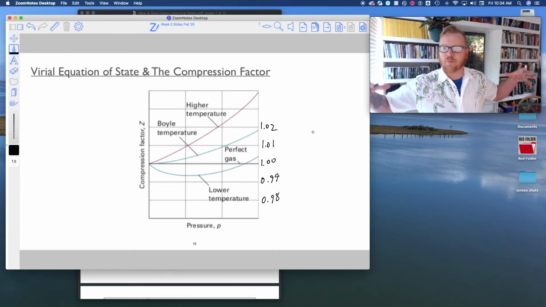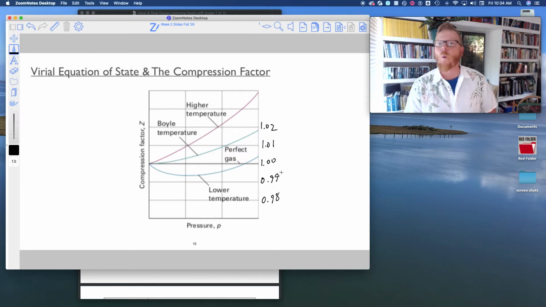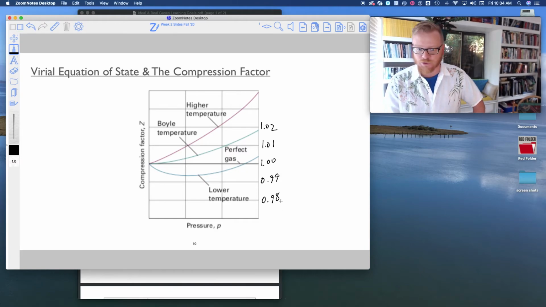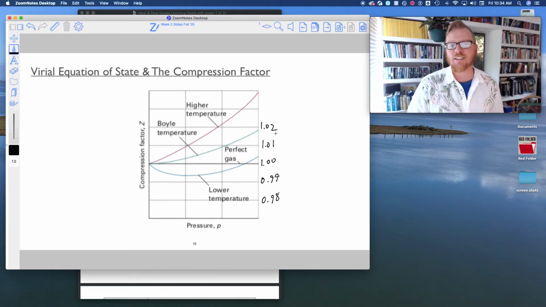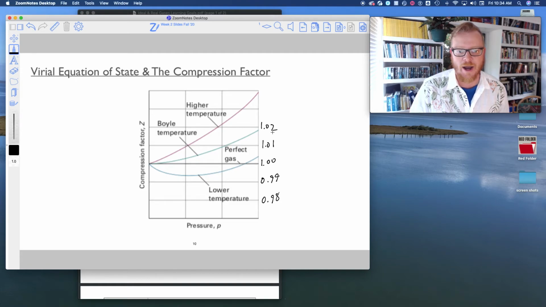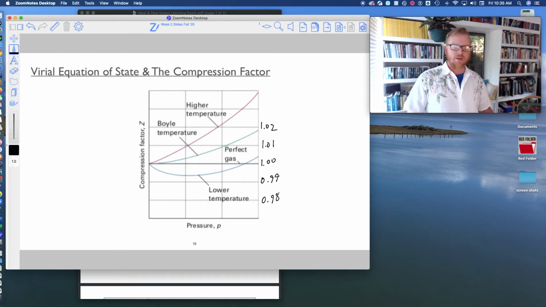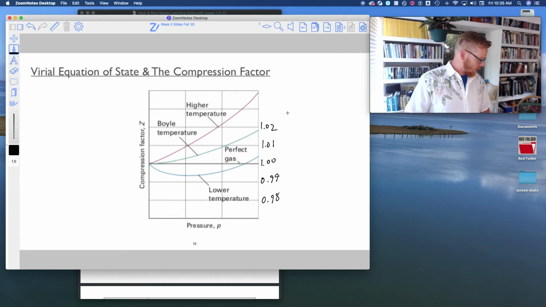We're not going to compress a gas by a factor of 2. We might compress a gas by like 1% or 2%, okay? Or we might expand that gas by 1% or 2%. So it's not reasonable to see these compression factors go up by these giant factors, okay?